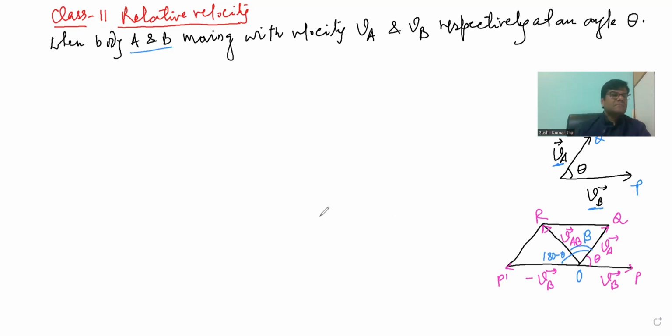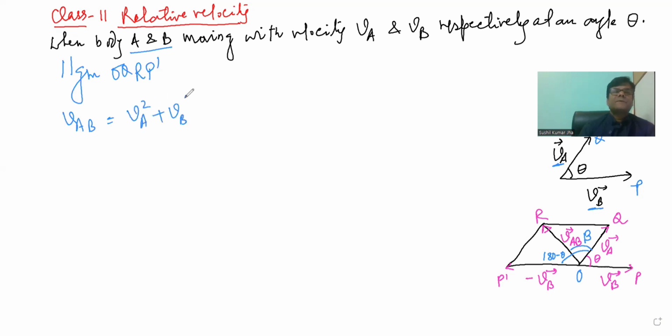Now if you apply the basic formula, then from parallelogram OQRP dash, we can write VAB as the square root of VA square plus VB square plus 2 VA VB, and the angle between them is cos of 180 degree minus theta.